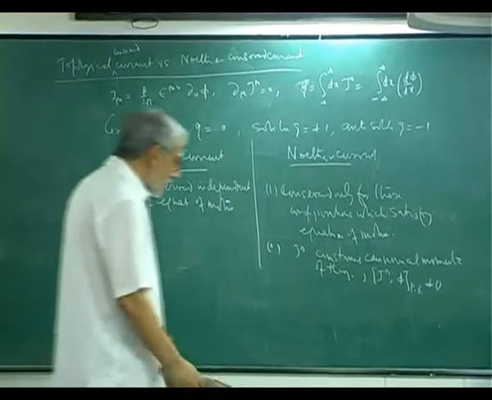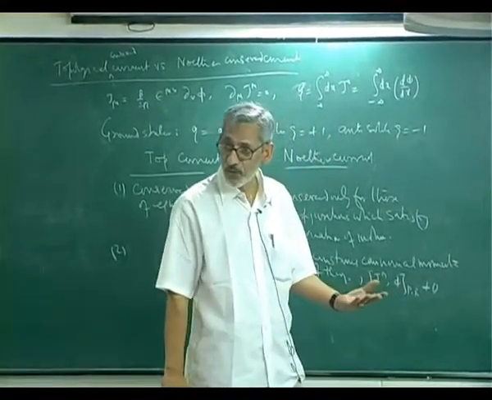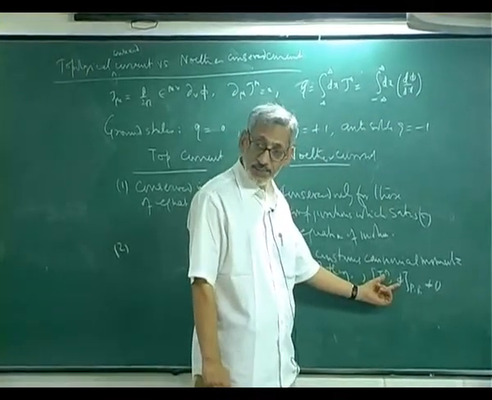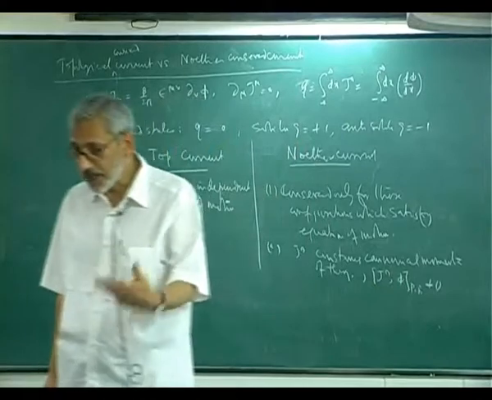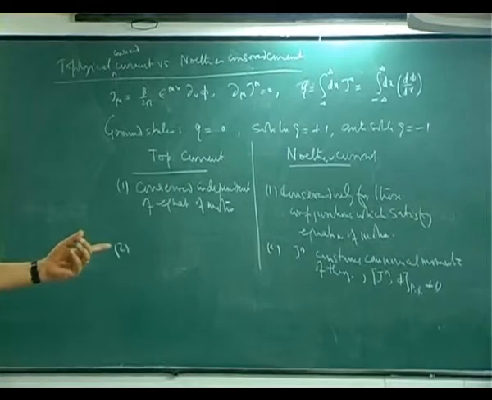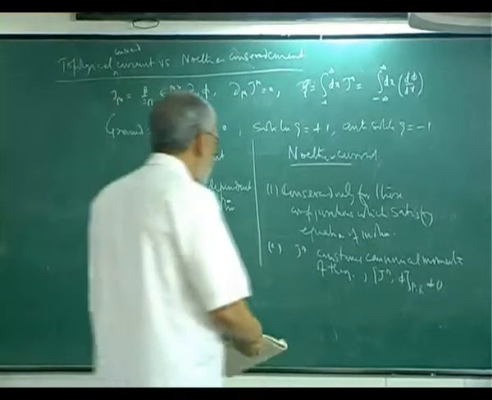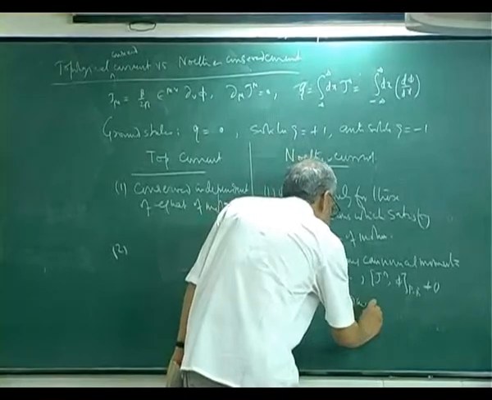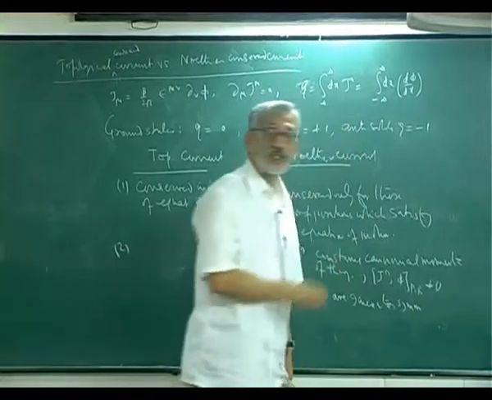J0, the charge density corresponding to these conserved currents, changes the fields by amounts which are exactly the symmetry transformations of the associated symmetry. So J0 generates the symmetry.